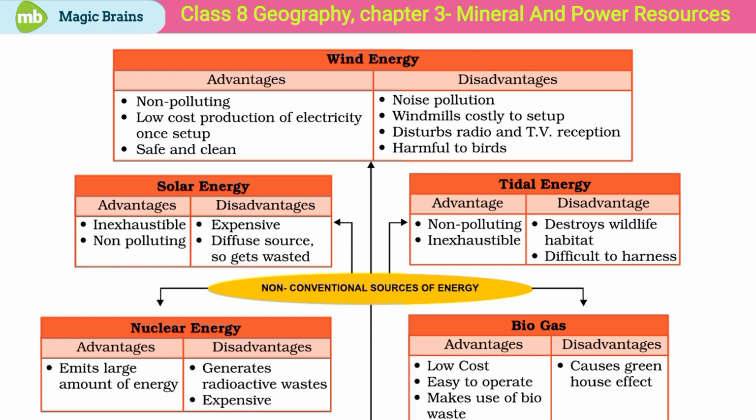In the next part of the diagram, two non-conventional sources of energy are mentioned. One is solar energy and other is tidal energy. The advantages of solar energy are: number 1, inexhaustible; number 2, non-polluting. The disadvantages of solar energy are: number 1, expensive; number 2, diffuse source, so gets wasted.